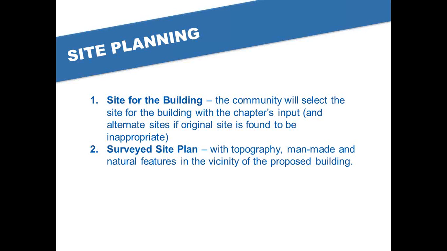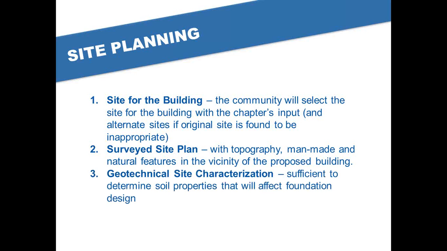And so you're going to need to show that on your site plan. If you're at the bottom of a steep slope, say in Guatemala, where there are landslides on a regular basis, you want to show that. But you'll also want to show the topography, the roadways, all that. So get a surveyed site plan of the building site.